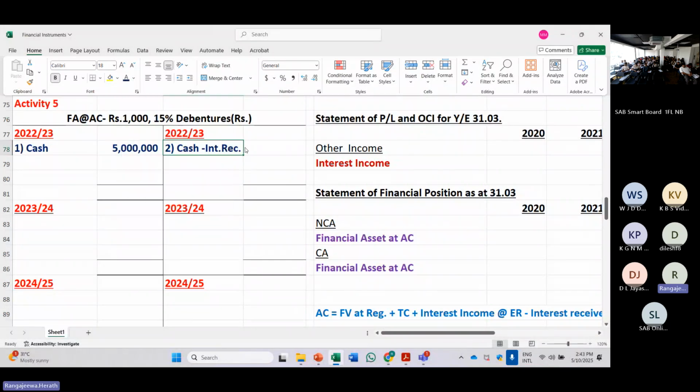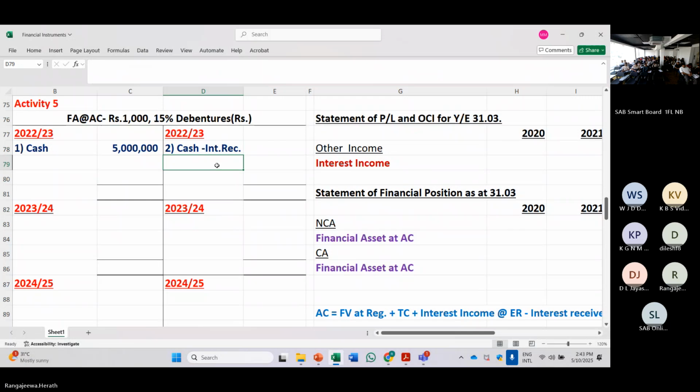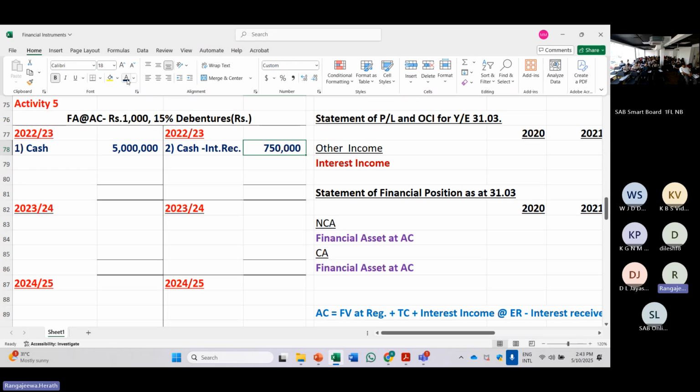So we are receiving interest at 15%, since it is a 15% debenture. Right? We are receiving interest at 15%. We can see 5 million into 15% is 750,000 interest.